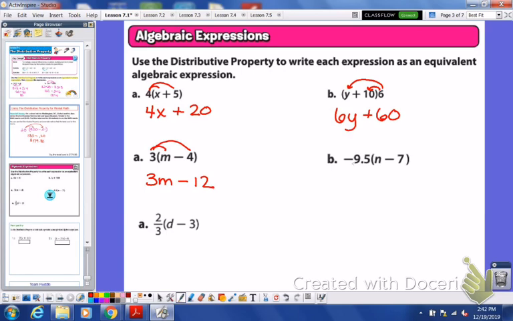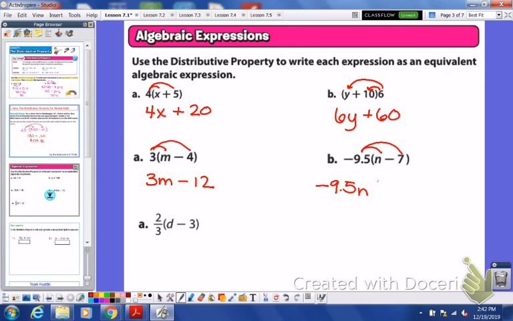And if we take a negative 9.5, working with negatives this time, times n minus 7, so a negative 9.5 times a positive n gives us a negative 9.5n. Then a negative times a negative, think of that as a negative 7.